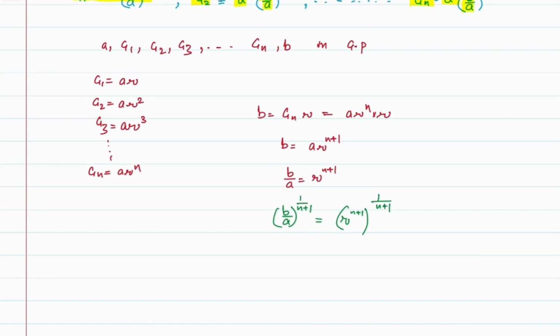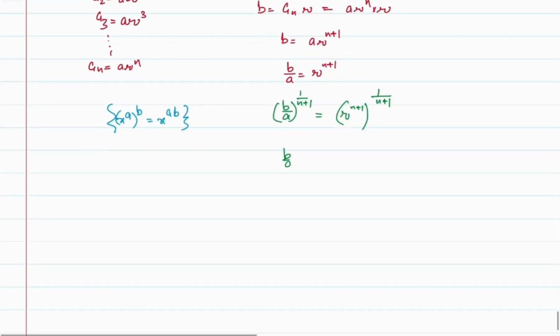Now using the property of exponents, that is (x power a) whole power b can be written as x power a into b, this becomes (b by a) power 1 by n plus 1 equal to r power (n plus 1) into 1 by (n plus 1). Now we cancel out n plus 1 and n plus 1, and we are left with r power 1. So the common ratio of the geometric progression is (b by a) whole power 1 by n plus 1.